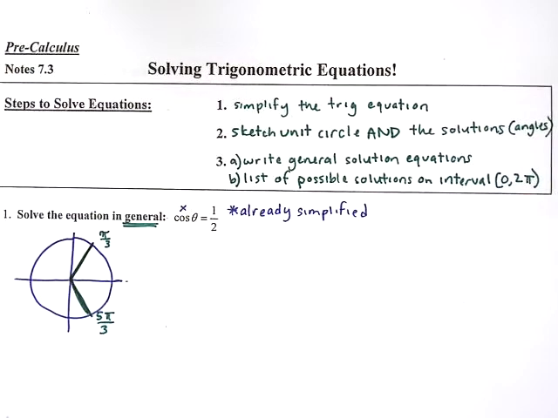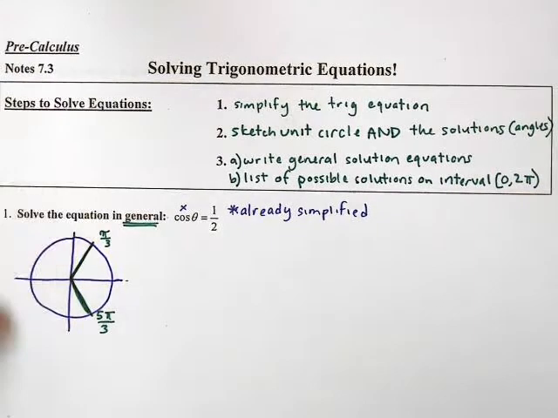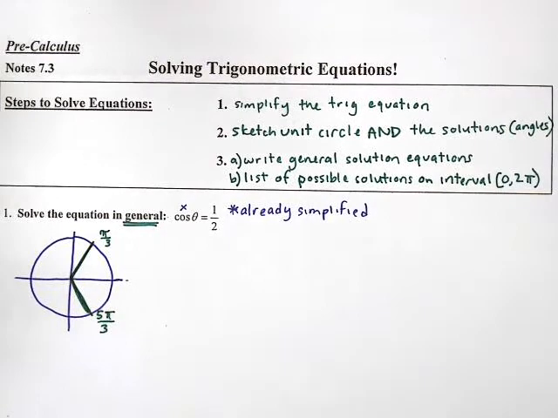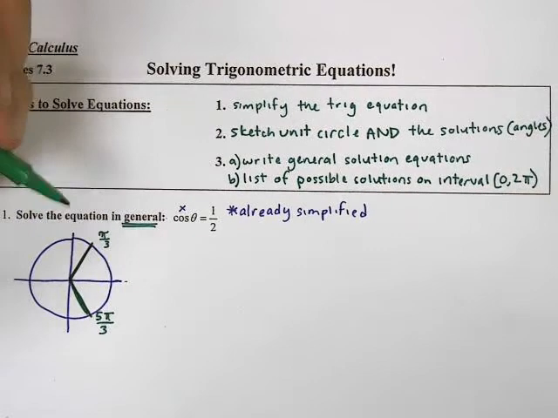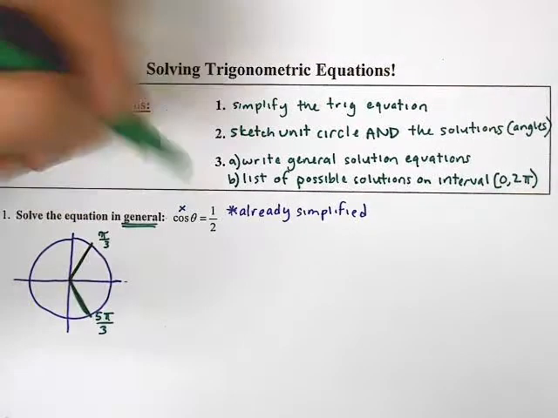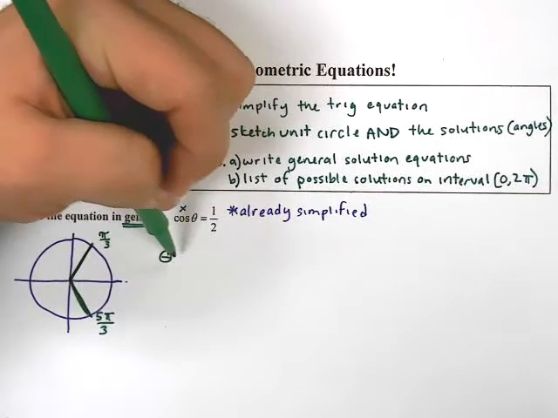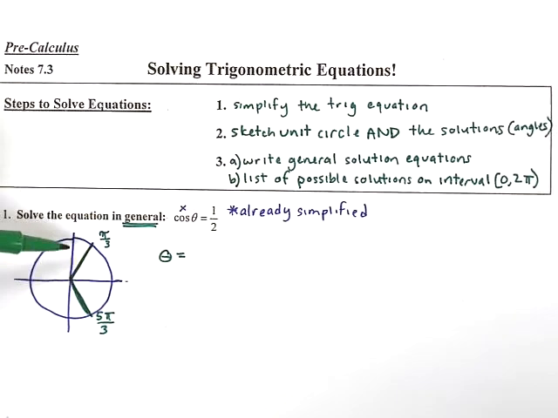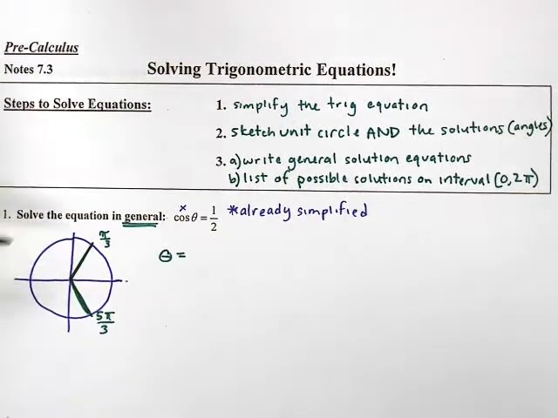If you remember, this is exactly what I gave you yesterday. I gave you this picture, and then I asked you to come up with what we're doing now. So we need our general solutions. Theta is going to be equal to, now, is this going to have two equations or one equation?